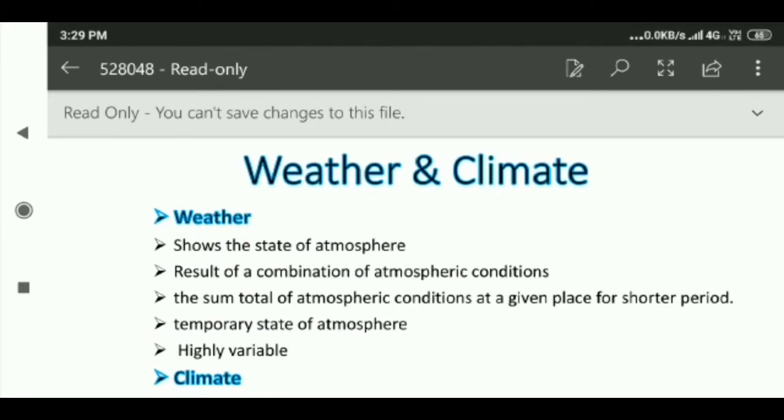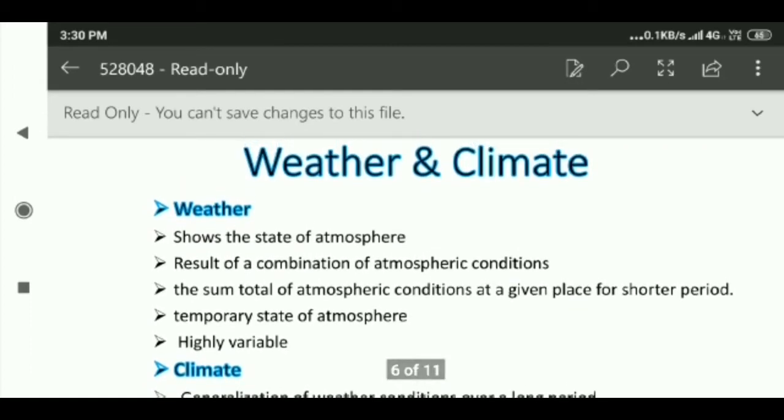In everyday life, we usually use terms like hot weather, sultry weather, or today the weather is cool or weather is frosty, etc. Weather of any place is the result of a combination of its atmospheric conditions, that is temperature, pressure, winds, moisture, precipitation, cloudiness and visibility. It also shows their short-term changes.